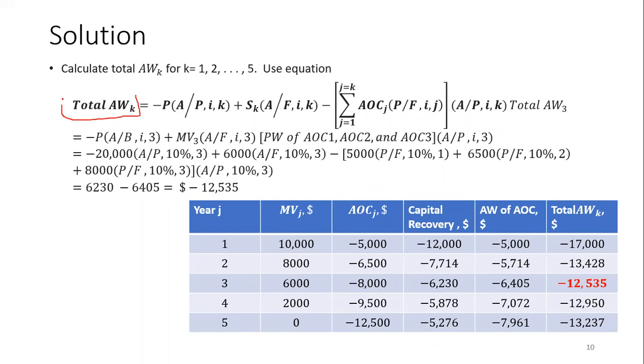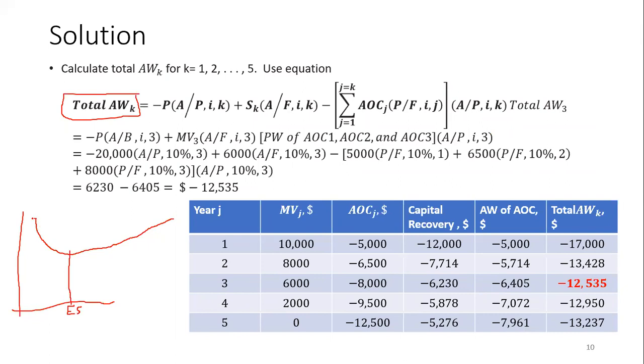For every year. We understand that, if you remember, we said the annual worth curve is like this, which means I need this point, the economic service life. What does this mean?